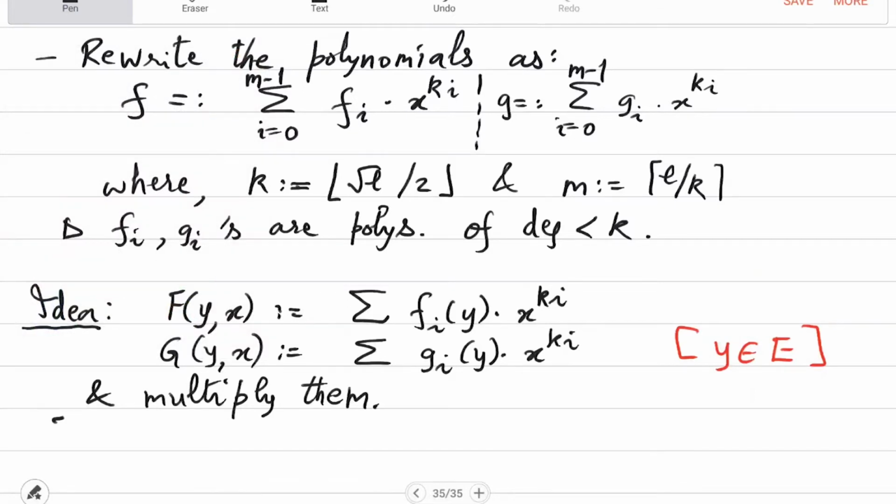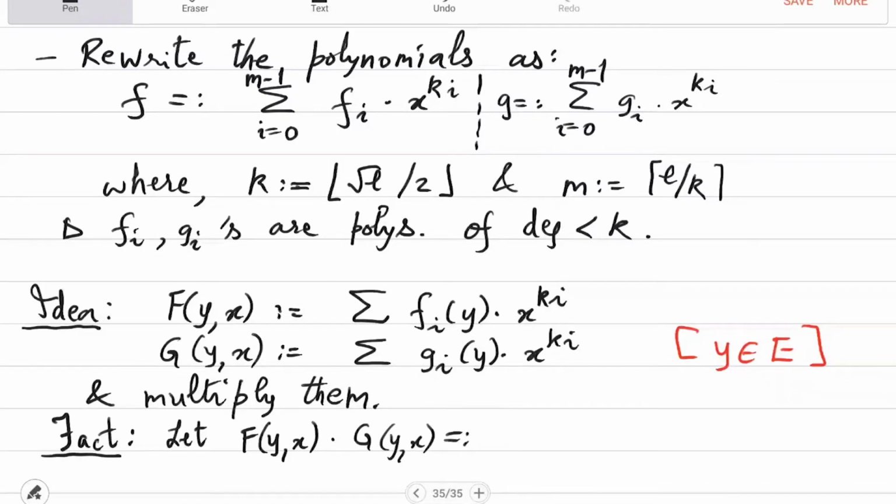At this point, one fact is that there is no information loss. If you take the product over E, you multiply them and call it big H. This is happening in E[x].